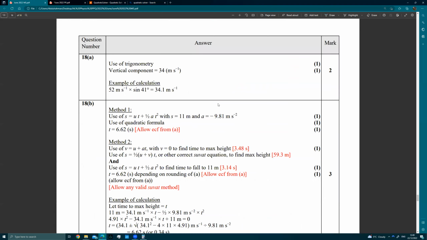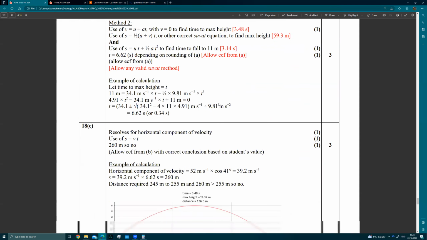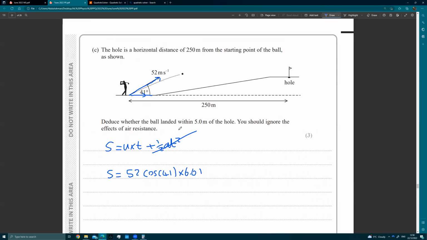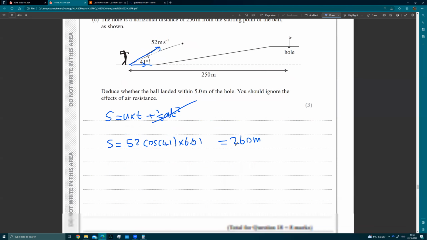If you do that, you should get 360 meters. Here they got 6.62, I think because they didn't round, we rounded. So the answer is no, it did not land within 5 meters of the hole.